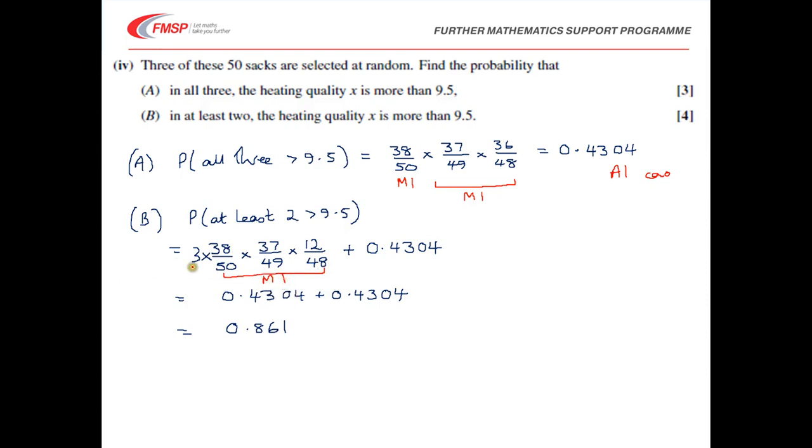There's a method mark for multiplying something that looks vaguely sensible by 3, or by having 3 reasonably sensible looking triples. There's a method mark independent of all that for adding on your answer from the previous question with follow through allowed for that method mark. But to get the final accuracy mark, you've actually got to get the correct answer.